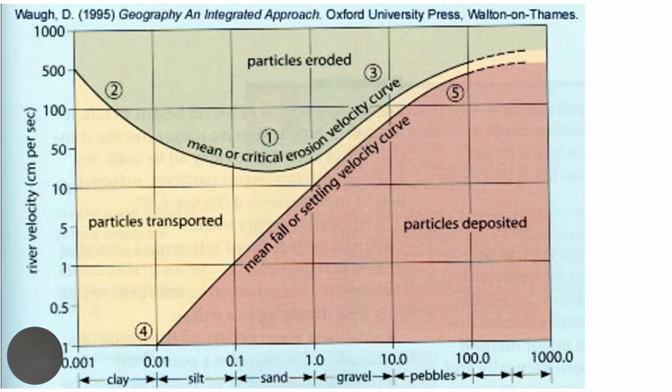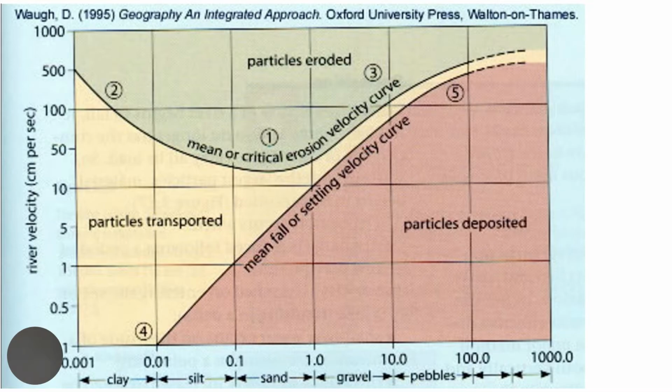The line at the top of the Hjulström curve is the critical erosion curve, which shows the minimum velocity required to lift a particle or initiate erosion of a certain sediment size.